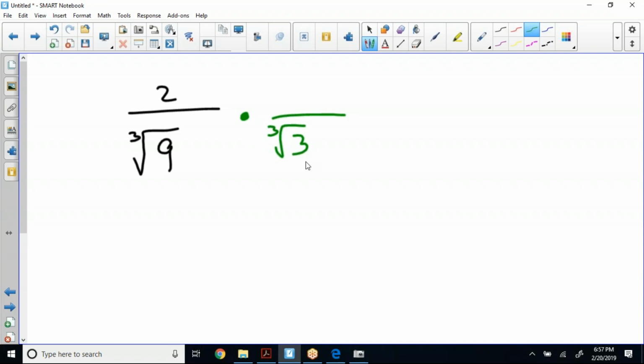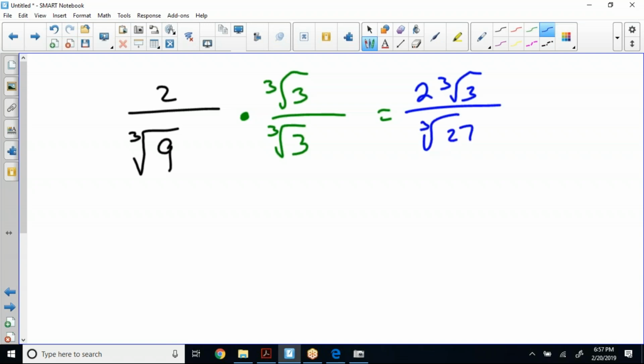The cube root of 3. Because what that's going to do is give me 2 cube roots of 3 over the cube root of 27, which is nothing more than 3. No, he just made it up.